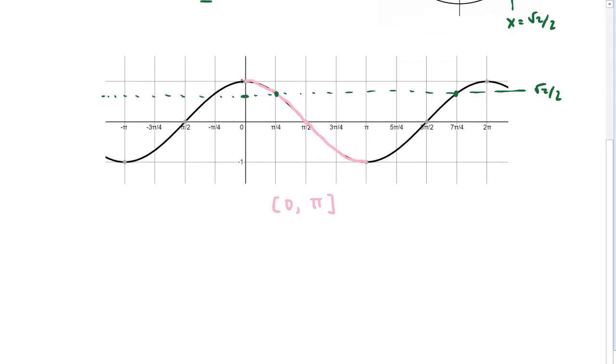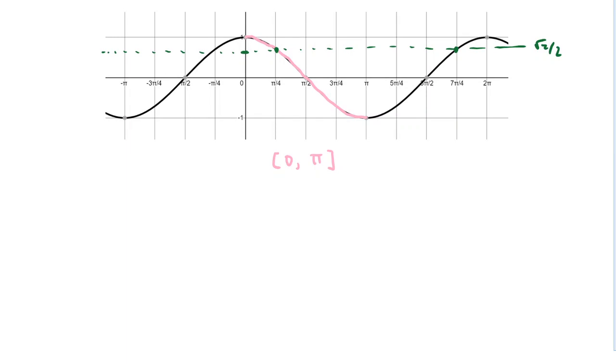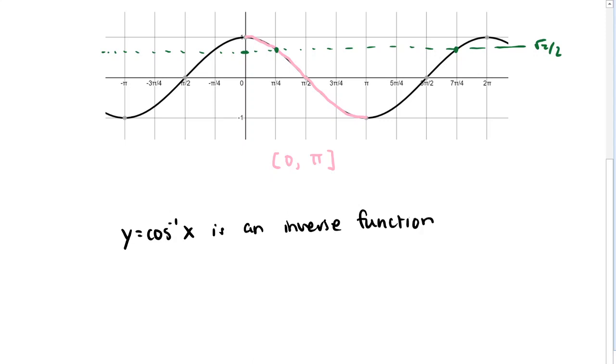And so all this to say that y is equal to cosine inverse of x is an inverse function to y is equal to cosine of x.